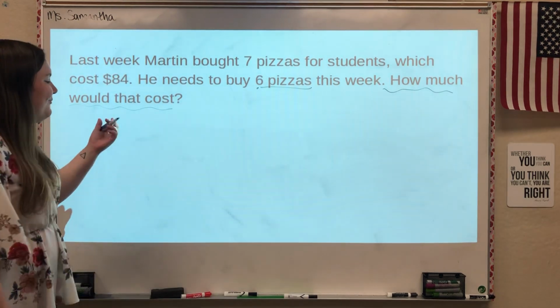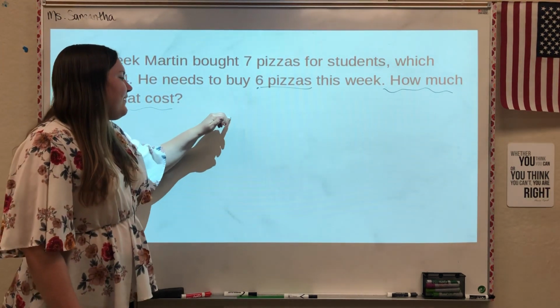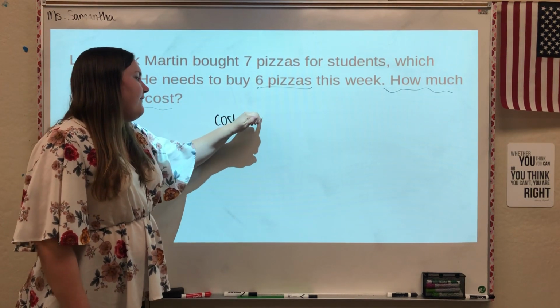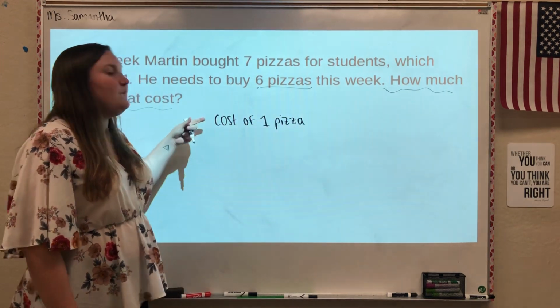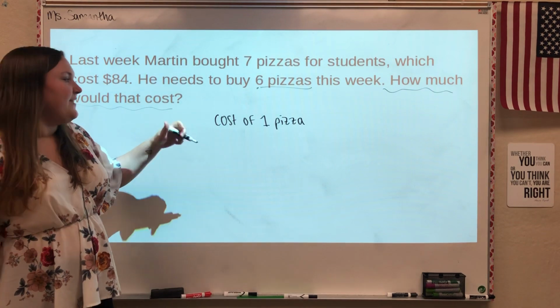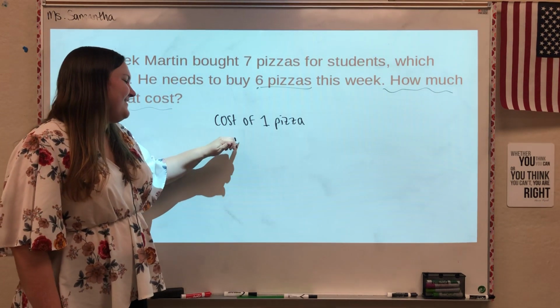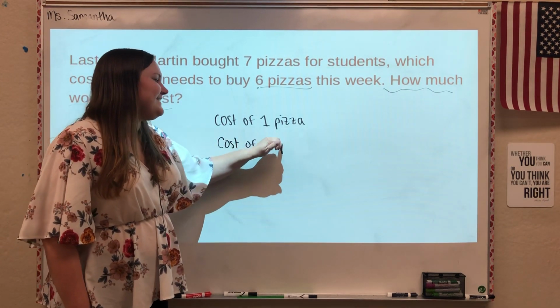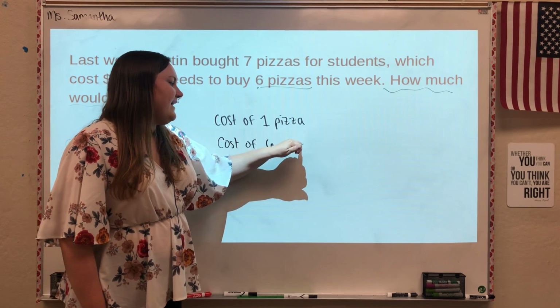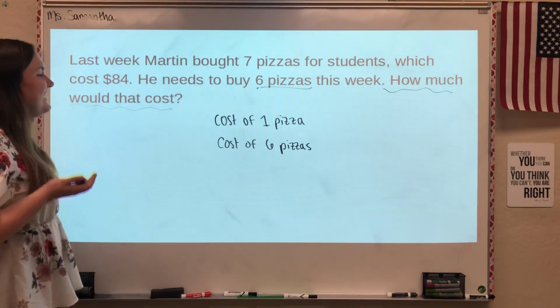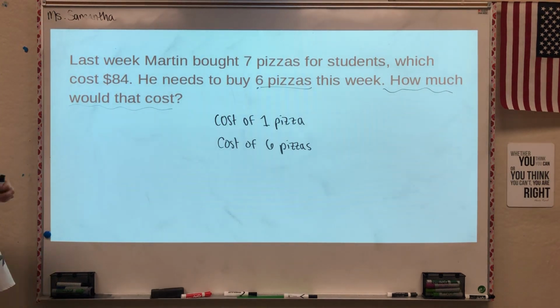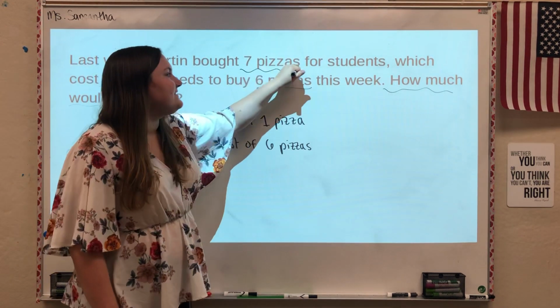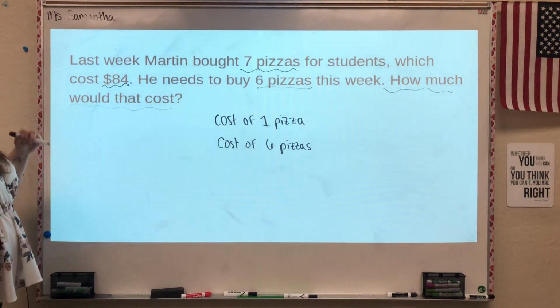In this problem, we are going to need to know the cost of 1 pizza first, and then once we know the cost of 1 pizza, we can find the cost of 6 pizzas. Now, I noticed they don't tell us the cost of 1 pizza. What do they tell us? Well, they tell us 7 pizzas cost $84.